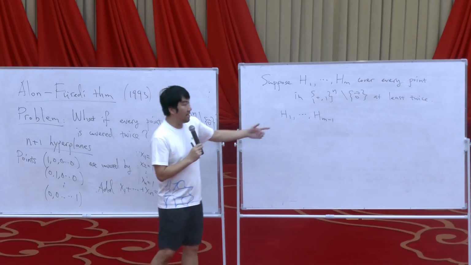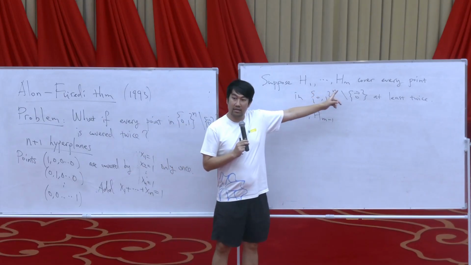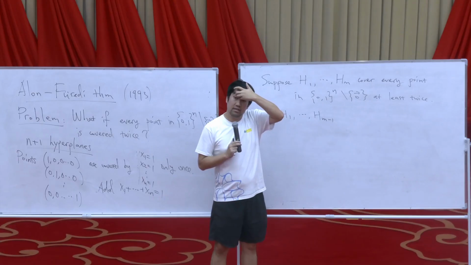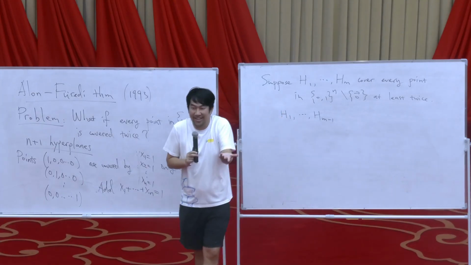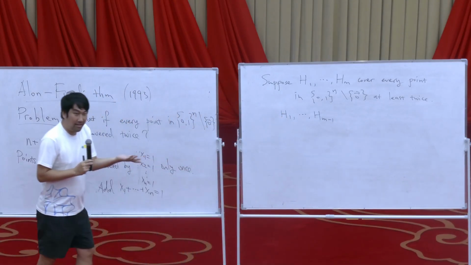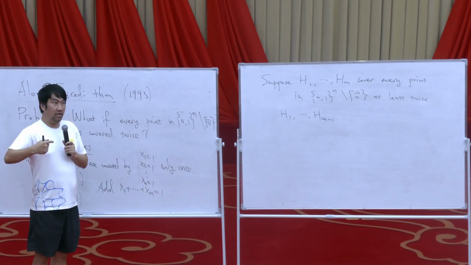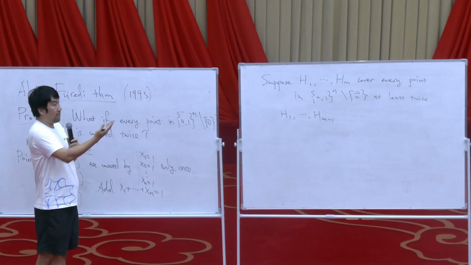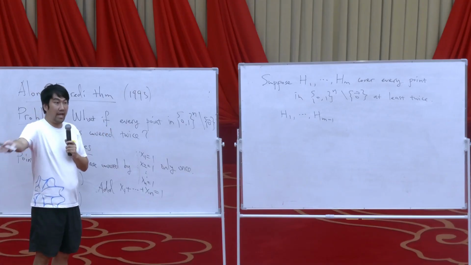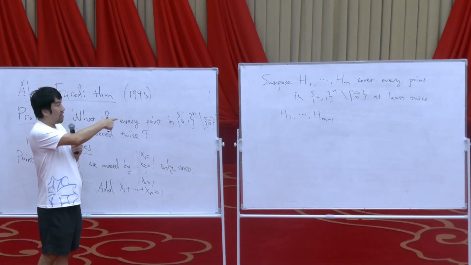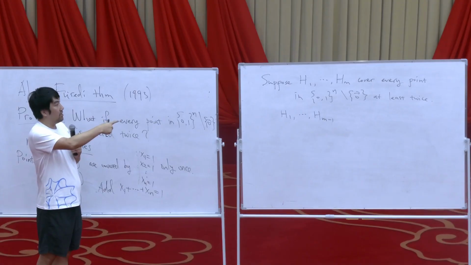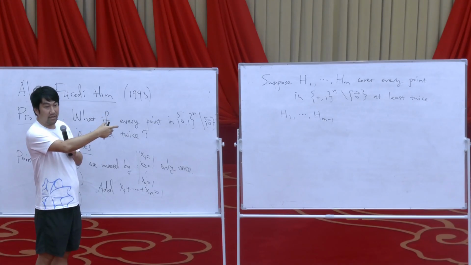And the reason is that the last hyperplane cannot cover some points twice, right? So the last hyperplane covers a point in the hypercube at most once. So if you take that away, the rest of the hyperplanes still cover every point in this hypercube without the origin. Does that make sense?